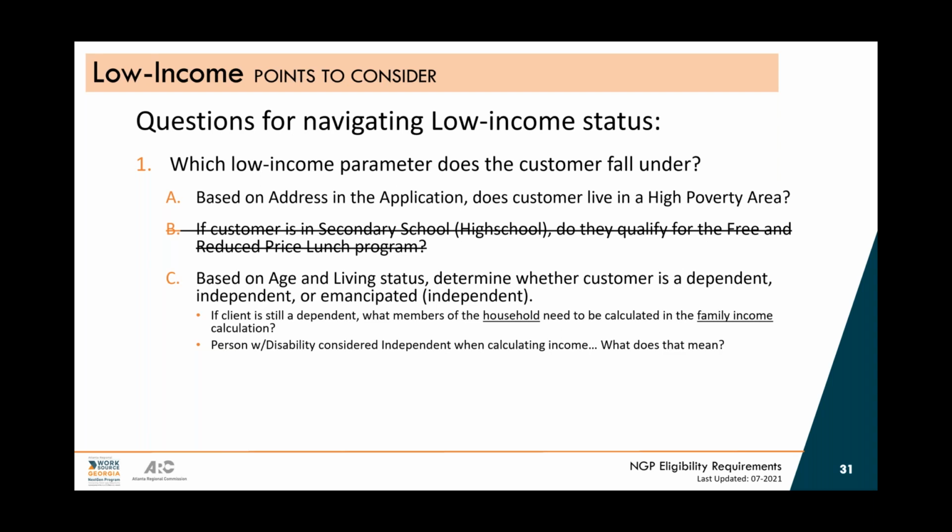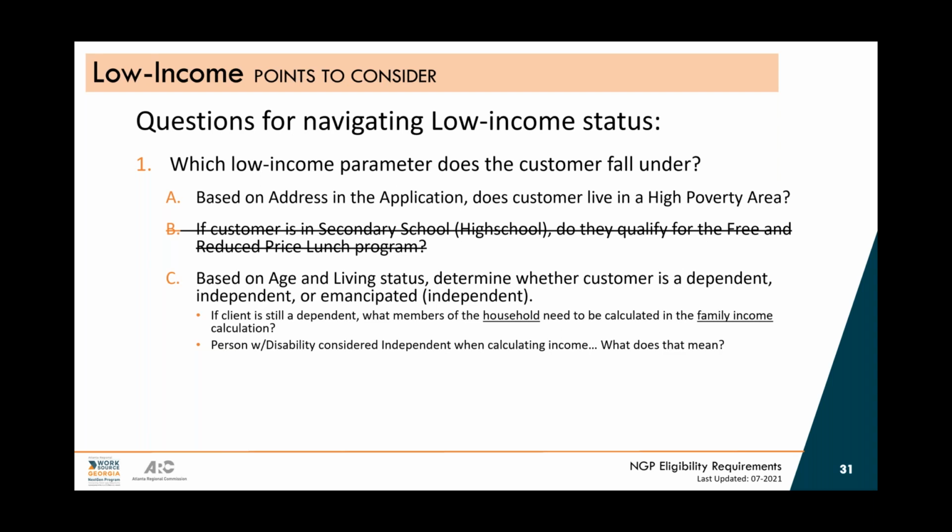And then based on age and living status, you could determine whether the customer is dependent, independent, or emancipated. Because at this point, if they're not in the high poverty area, then you may have to look at their actual income. And if they're living with a family, then you have to consider everyone in that household for income.